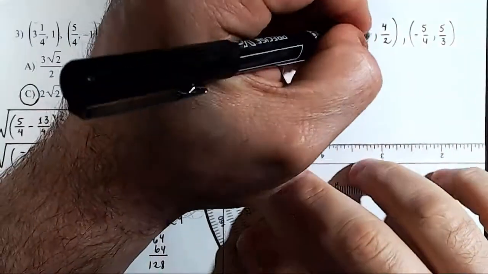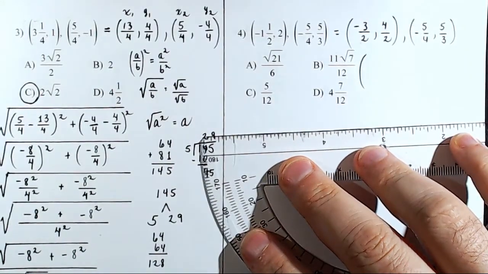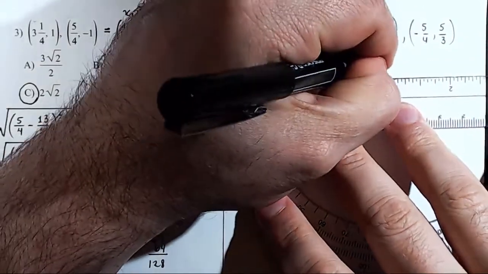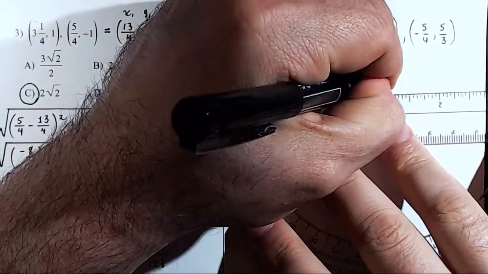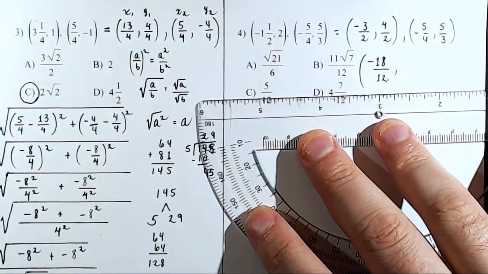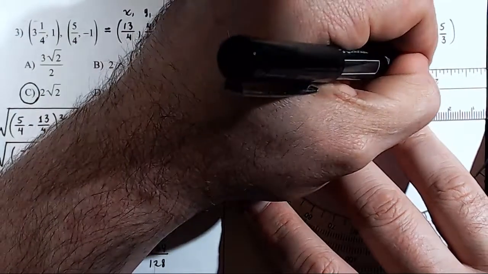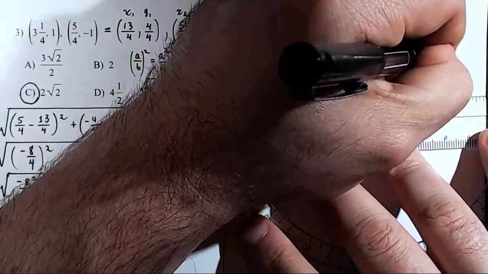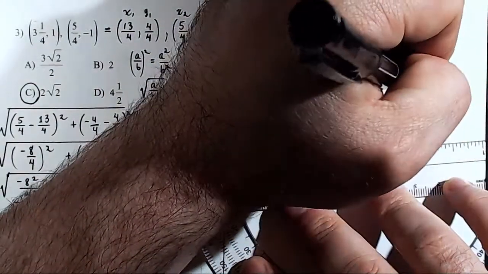Okay, so we'll just do that again. So these new coordinates will be, -3 times 6 is -18 over 12, comma, and then 6 times 4 is 24, 24 over 12. And now I've got to multiply -5/4 by 3/3.